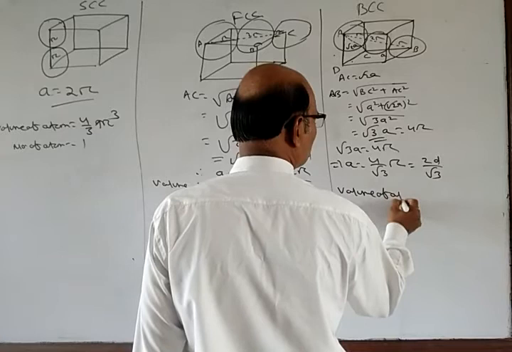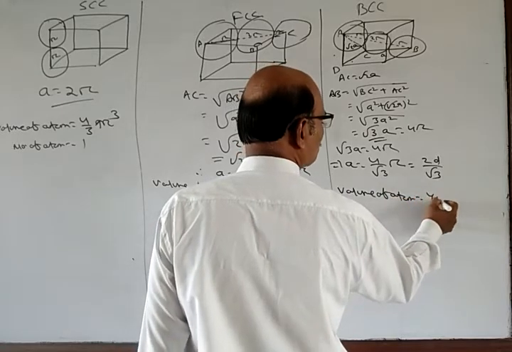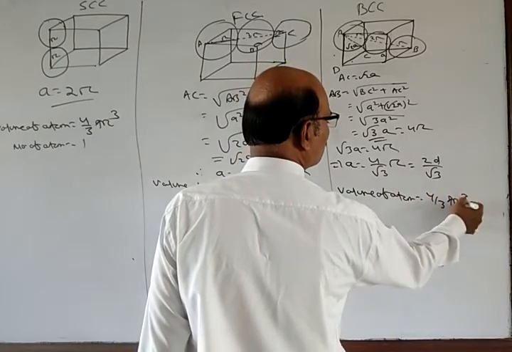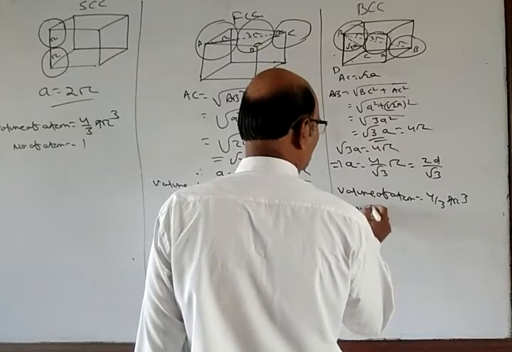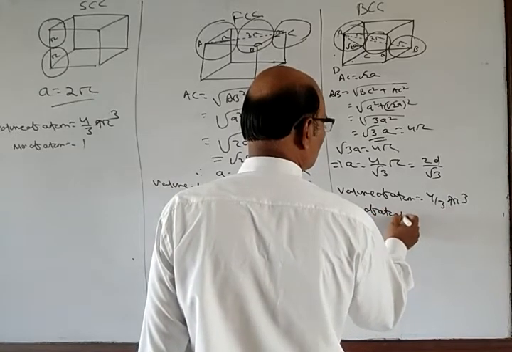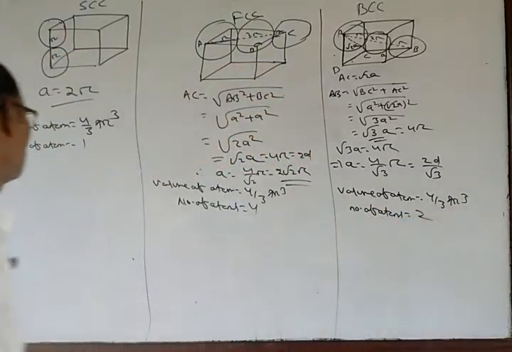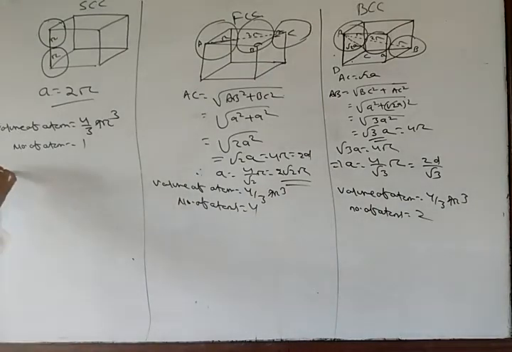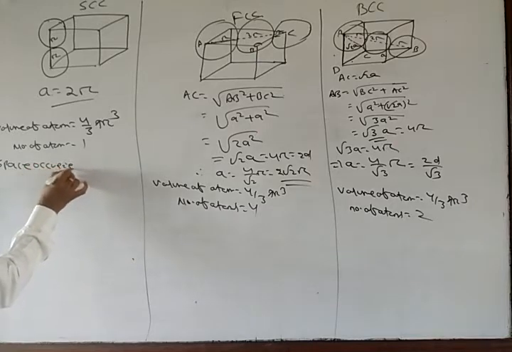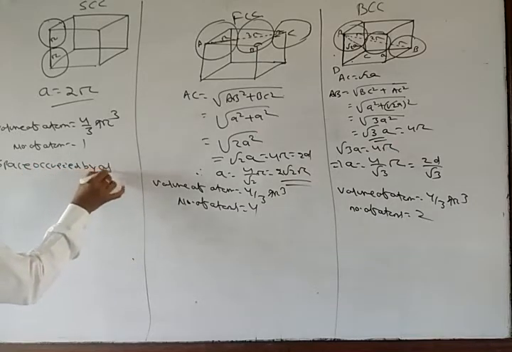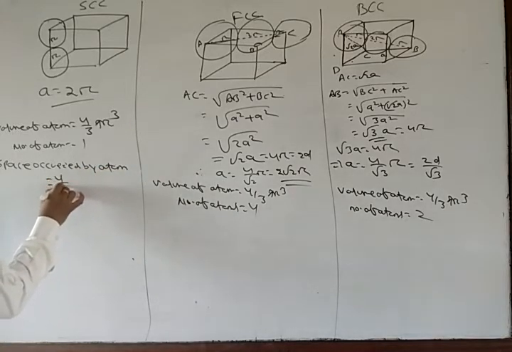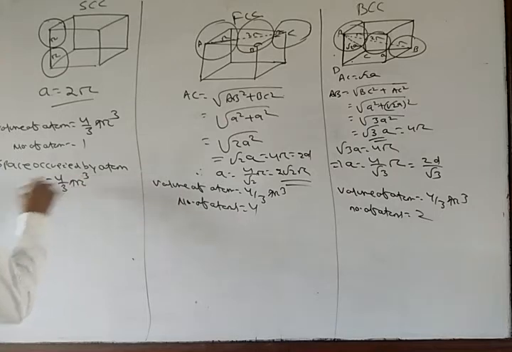Volume of atom 4 by 3 pi r cubed, number of atoms 2 here. So the space occupied by the atom equals 4 by 3 pi r cubed.